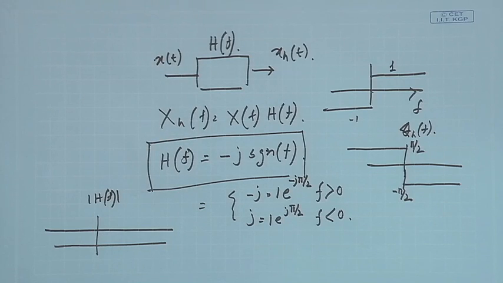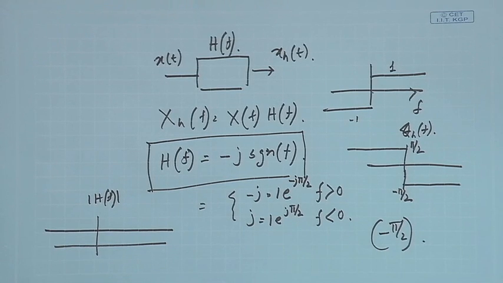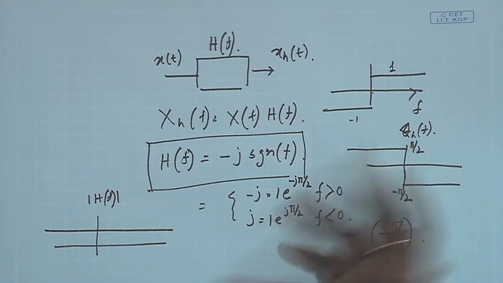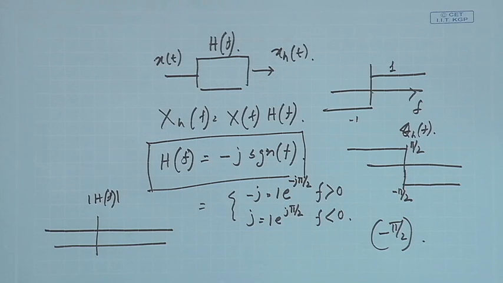Whenever I pass all tones through this, whichever frequency component is there, the positive frequency component gets a minus pi by 2 phase shift, and the negative frequency component, which is exactly opposite, gets a plus pi by 2 phase shift, which is again effectively a shift by minus pi by 2 of the real component. So every frequency component that you give gets a pi by 2 phase shift, or, more concisely, a minus pi by 2 phase shift.